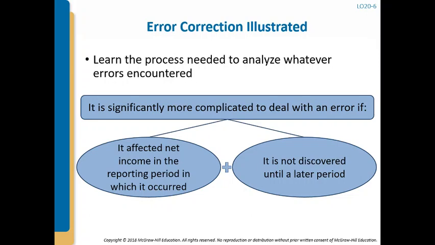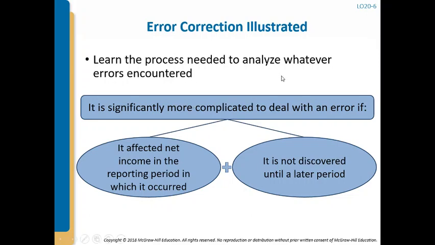As they indicate here, it's more complicated to deal with an error if it affected net income in the reporting period in which it occurred, because you've got to go back and make a change to this statement of shareholders' equity, certainly if it's not discovered until a later period.